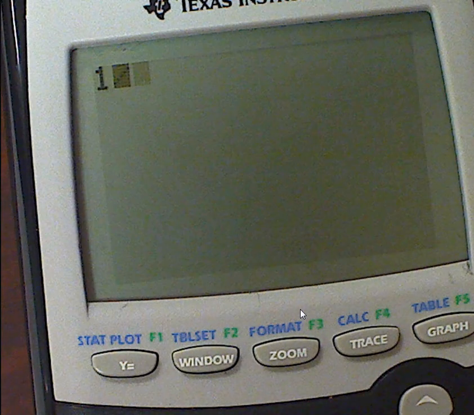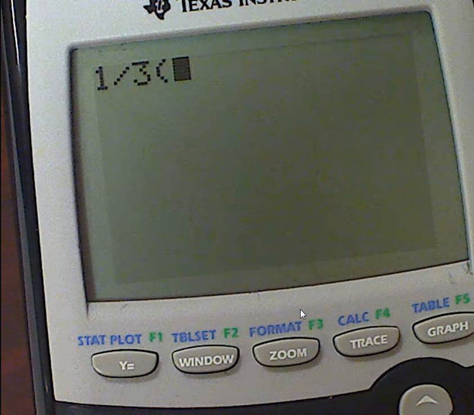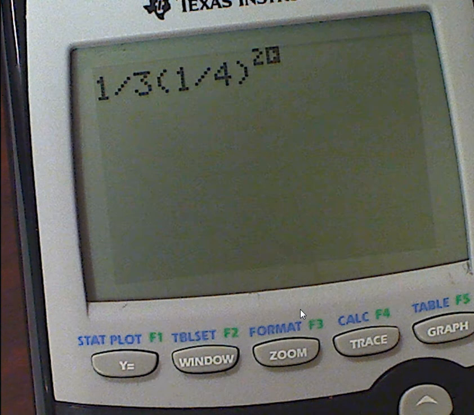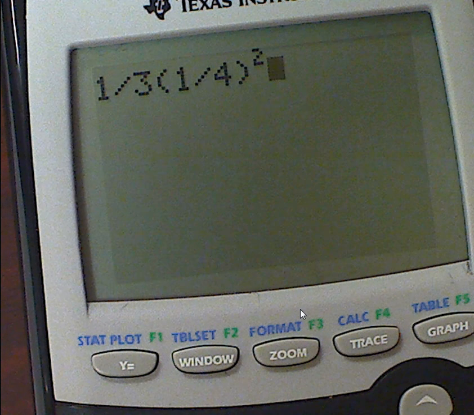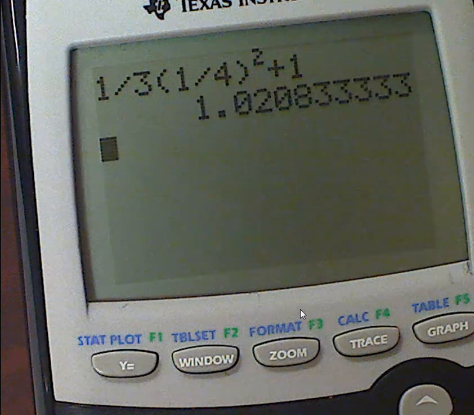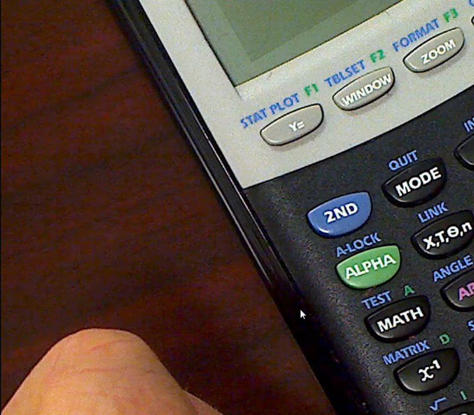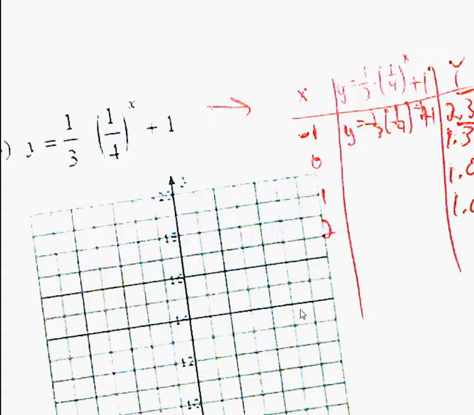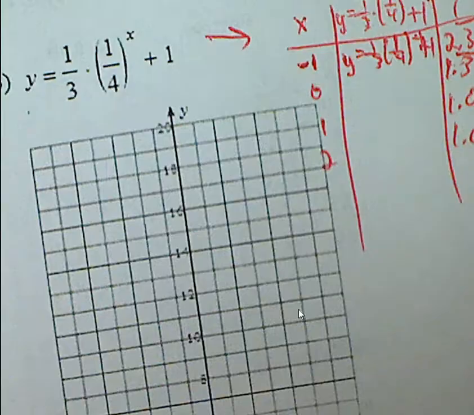So 1 divided by 3, parenthesis 1 divided by 4, raised to the 2, my x becomes a 2, plus 1 equals 1.02. So let's see if this is enough to see what is happening.